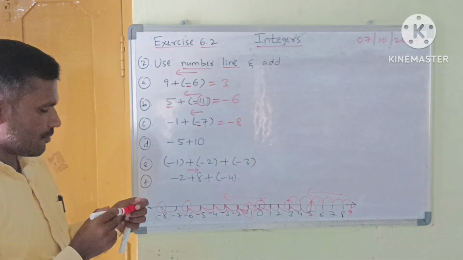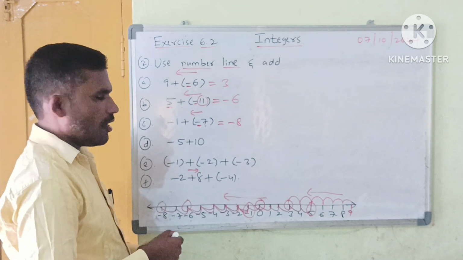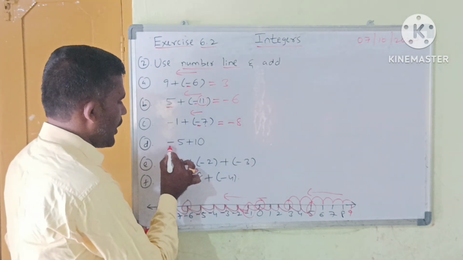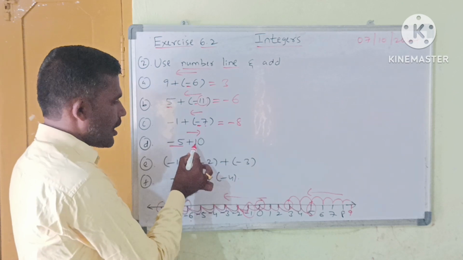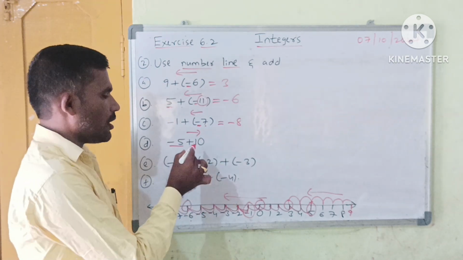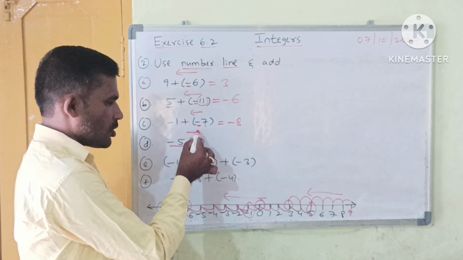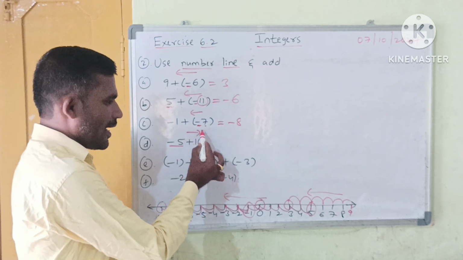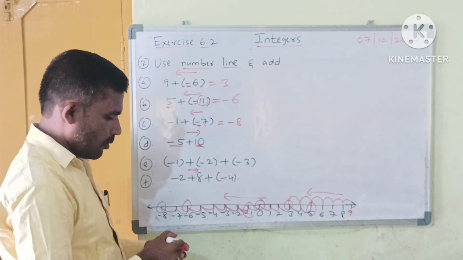Next, D. Minus 5 plus 10. We have to start at minus 5. We have to move to the right side only because here 10 is positive, plus 10, positive integer. When adding the positive integer, you have to move to the right side. How many steps is given? 10. So 10 units you have to move.